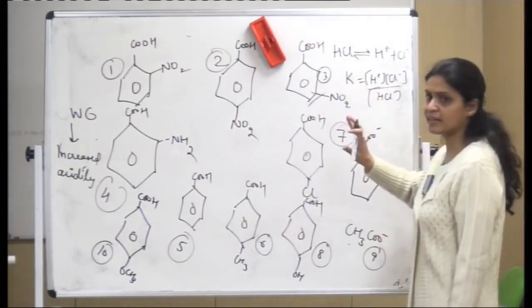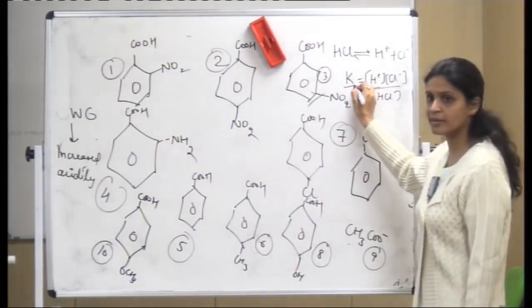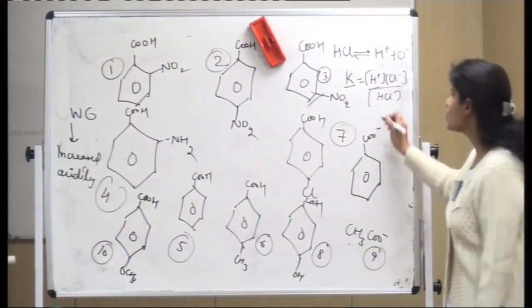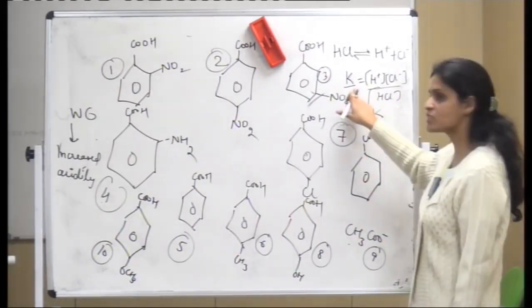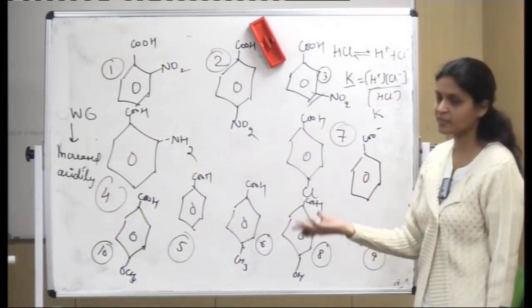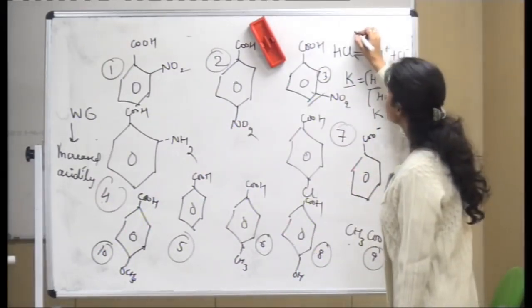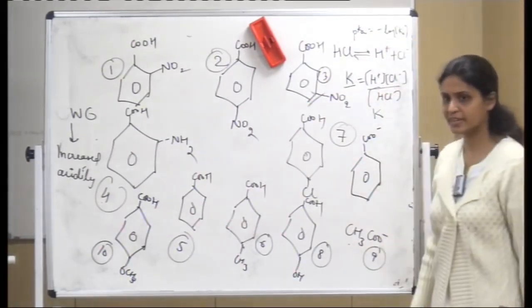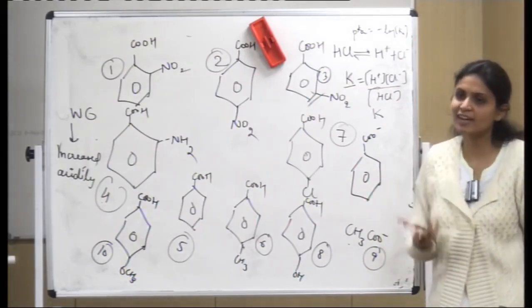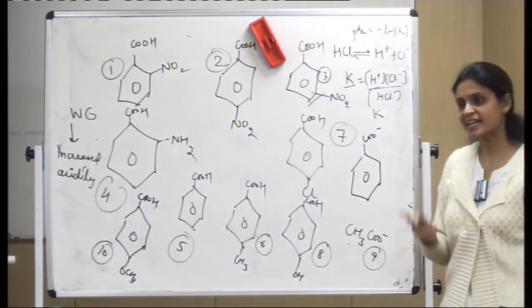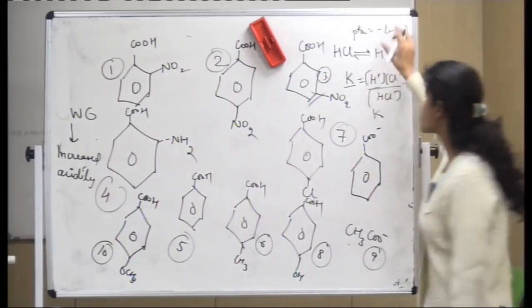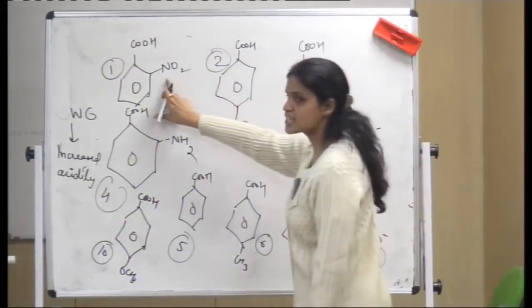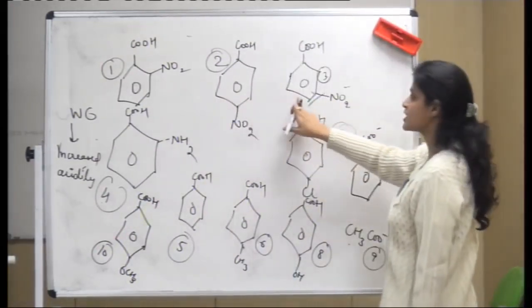I can also name it as dissociation constant. Since pKa means minus log of K, you can equally relate it with K values. Higher acidity means higher Ka value, dissociation constant value. Okay, all right. Among these compounds, obviously, this is more acidic, this is more acidic, this is more acidic.